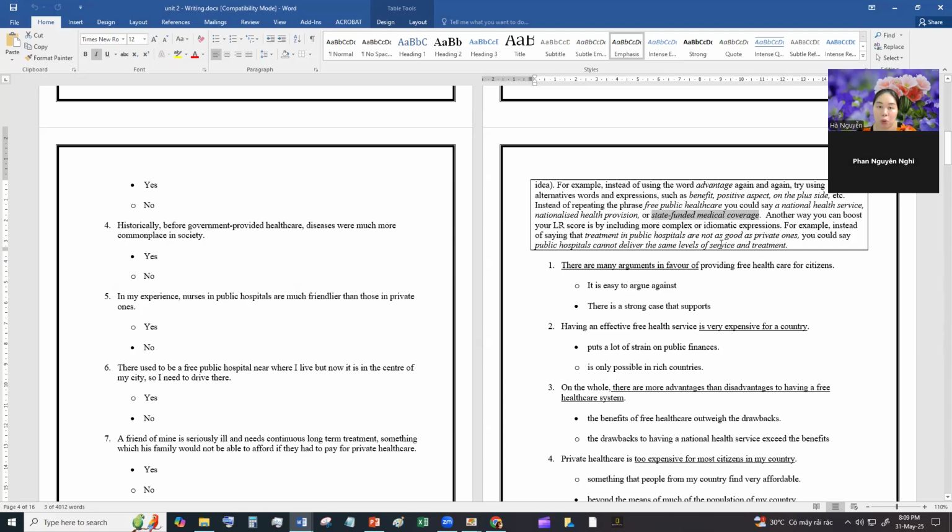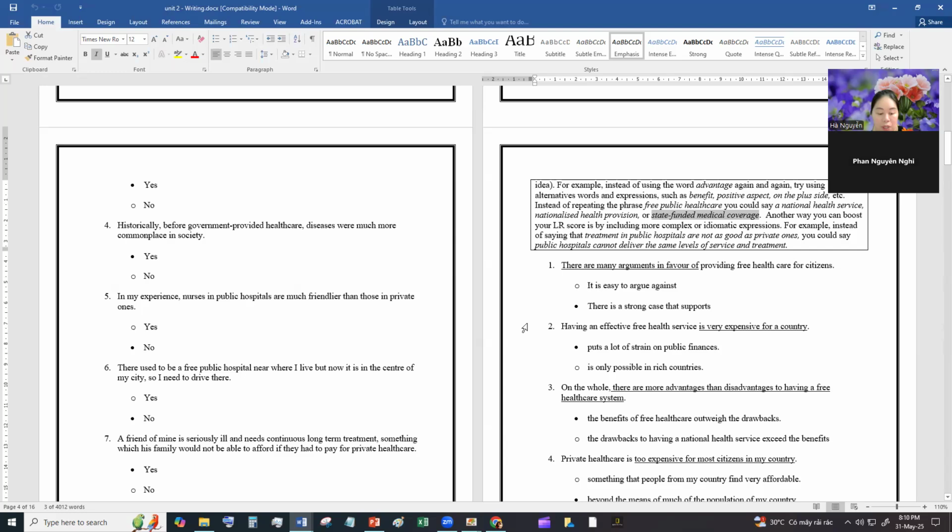So number one, you do the exercise and you don't stop at the correct answer. You move on to look at the words and the synonyms. Number two, you take notes. You take notes of topic-based vocabulary. And yeah, so for example, this unit is health. You write down the health words, the topic-based words, and you think about the synonyms.